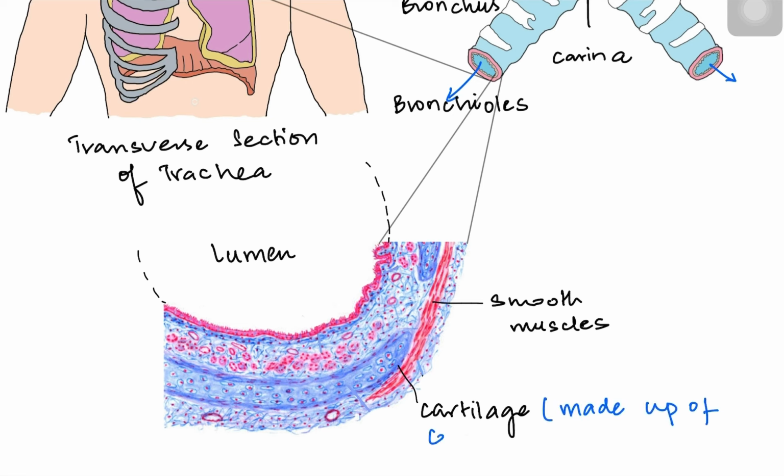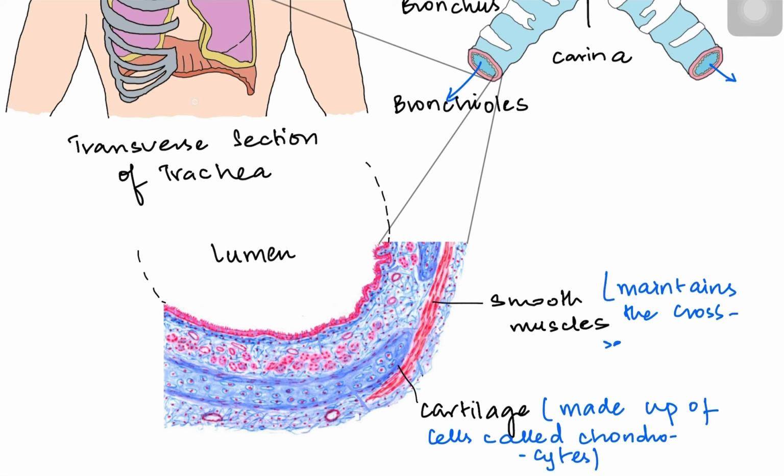The cartilage is made up of cells known as chondrocytes. Chondro means cartilage, cyte means cells, so cartilage cells. Smooth muscles maintain the cross-sectional area of your trachea or bronchi or whatever.